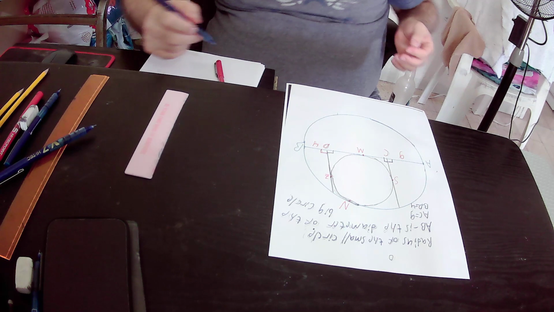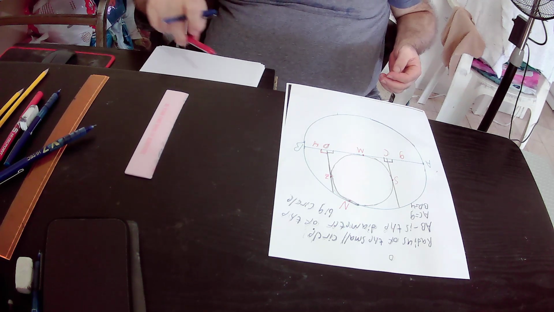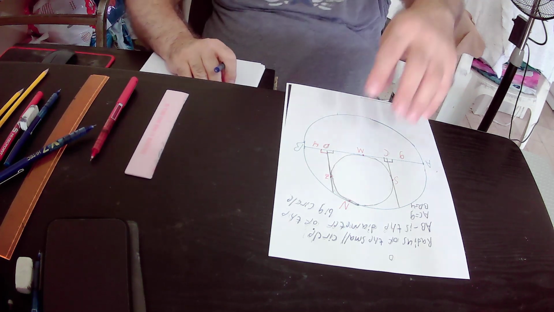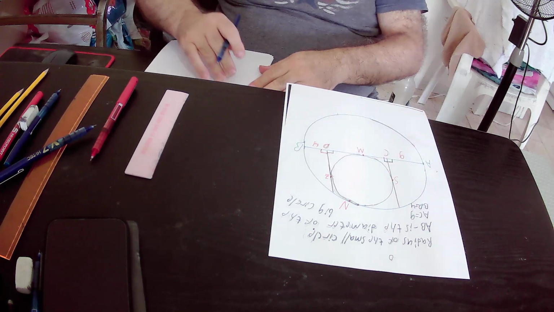And in the next step we will define the radius of the small circle as small r.